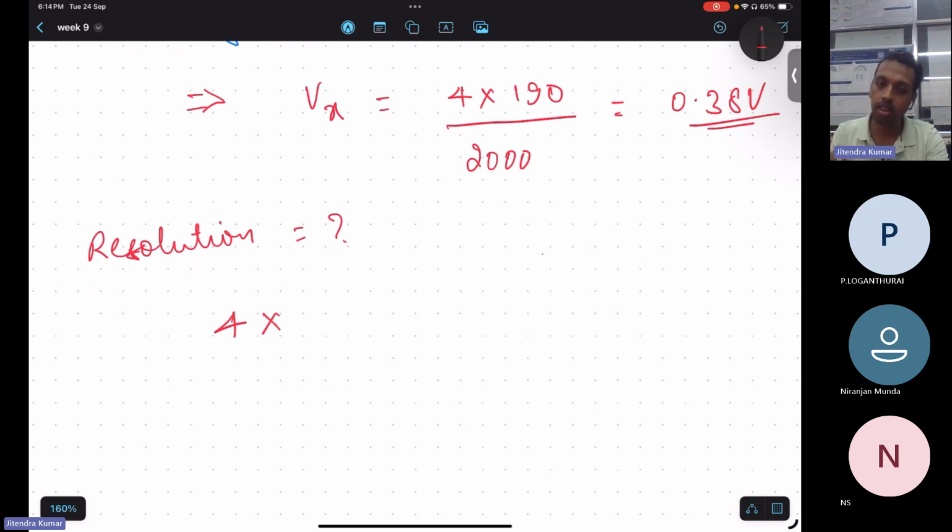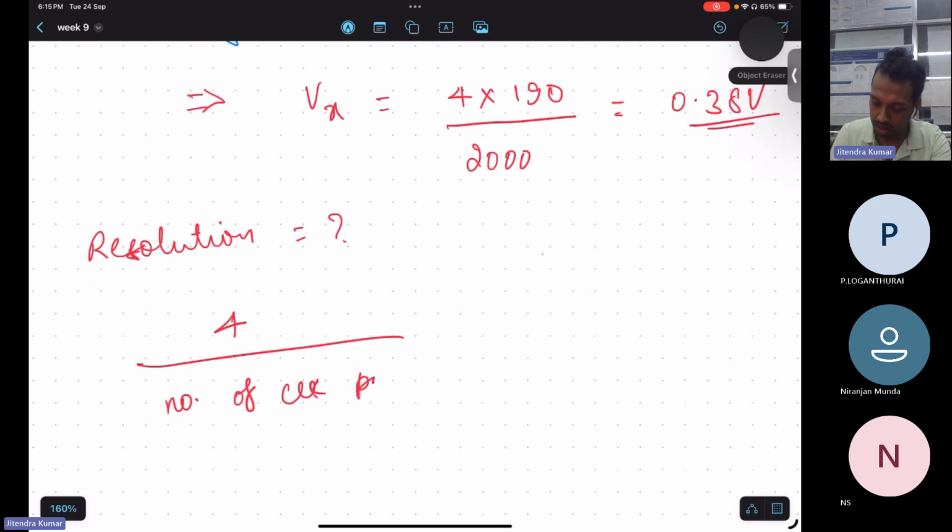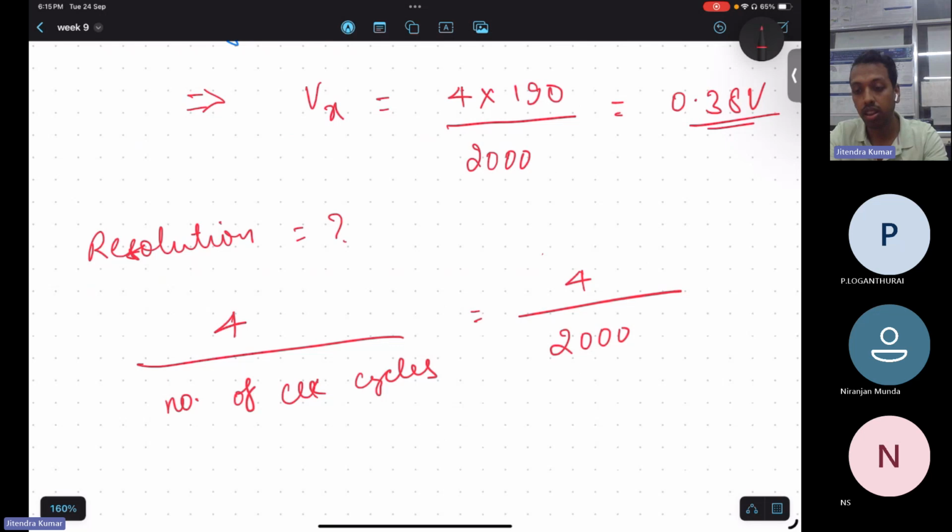So in one clock pulse, how much will it detect? 4 divided by the number of clock cycles. There were 2000 clock cycles required to reach this value.